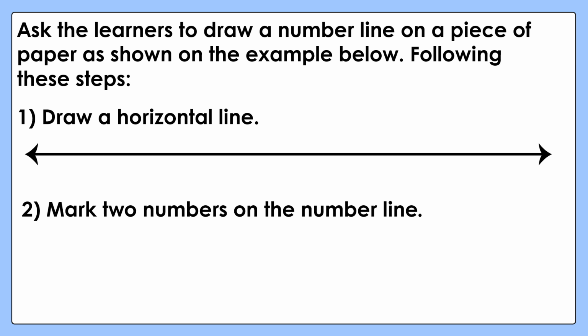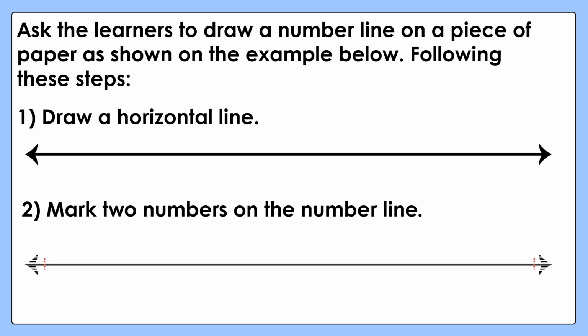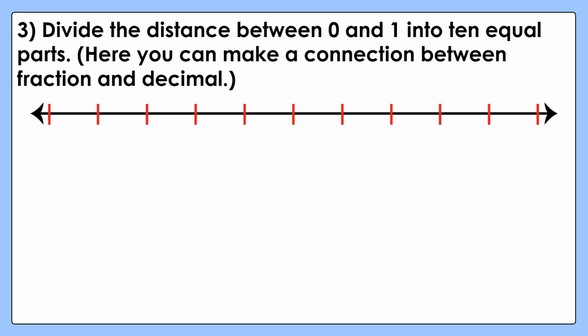Number 2, mark two numbers on the number line, 0 and 1. Number 3, divide the distance between 0 and 1 into 10 equal parts. Here, you can make a connection between fraction and decimal.